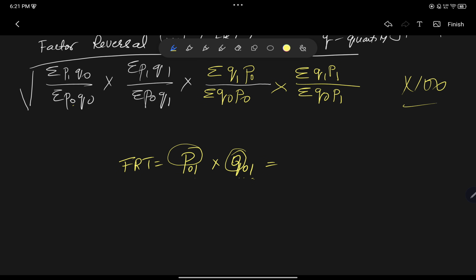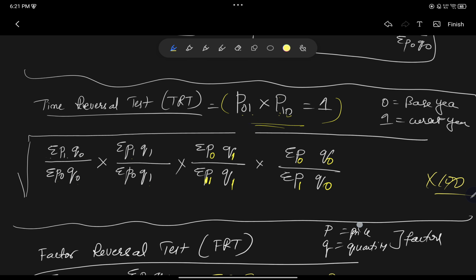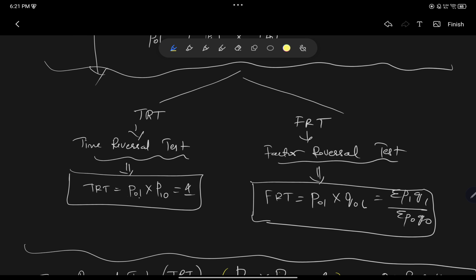Later when you calculate it, it will equal the formula summation of P1 Q1 over summation of P0 Q0. If you get this, it means that we have done Fisher's method properly. That is the formula you need to practice by yourself. Once you practice this formula, I tell you 100% you can solve this problem very easily.